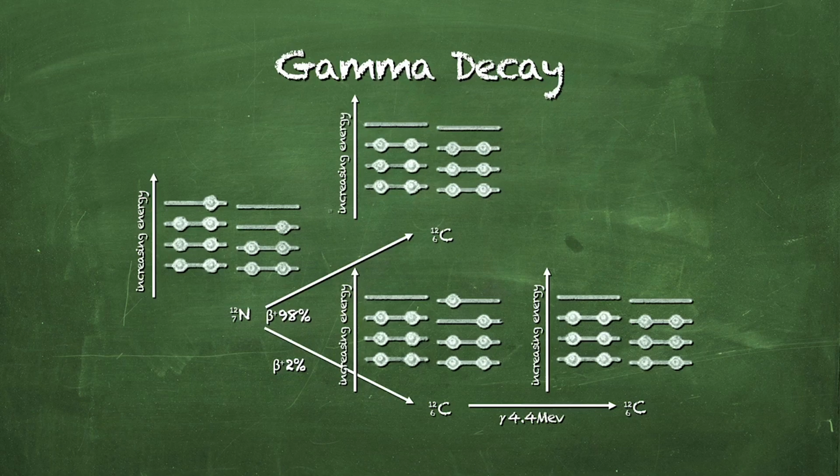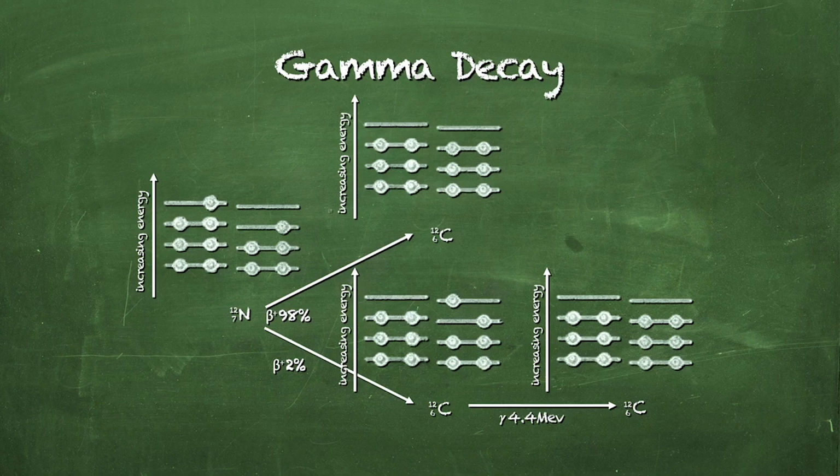Now these energy levels can each be occupied by 2 protons, just like every electron energy state can be occupied by 2 electrons. So nitrogen-12 has 7 protons and 5 neutrons.